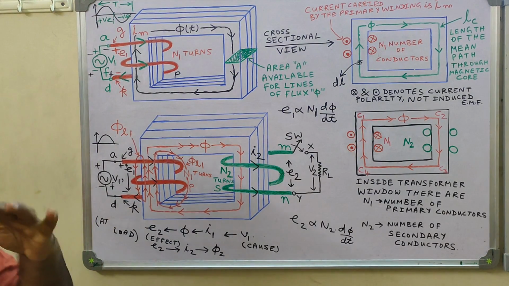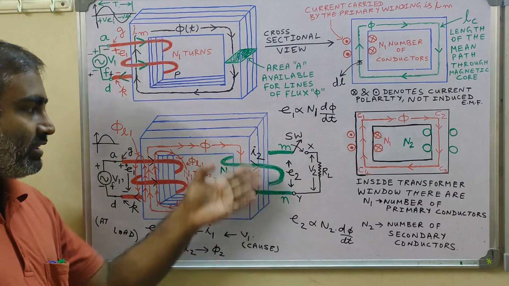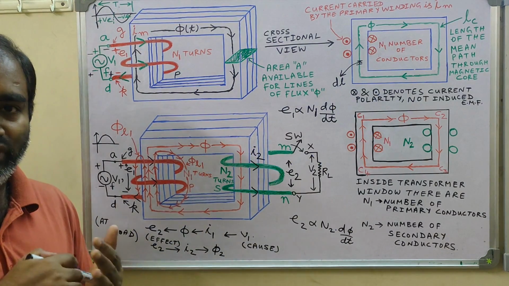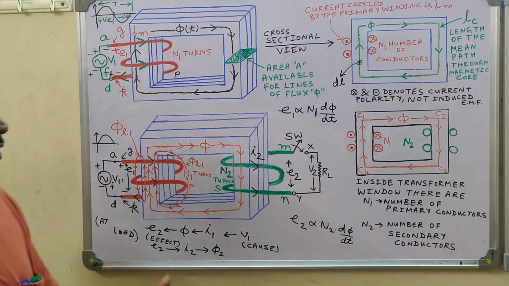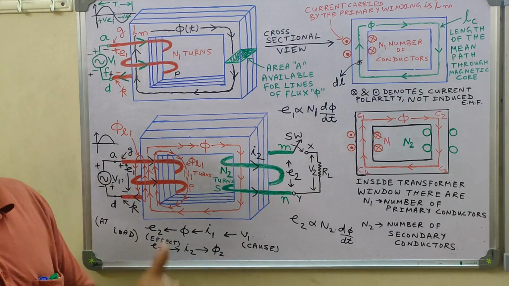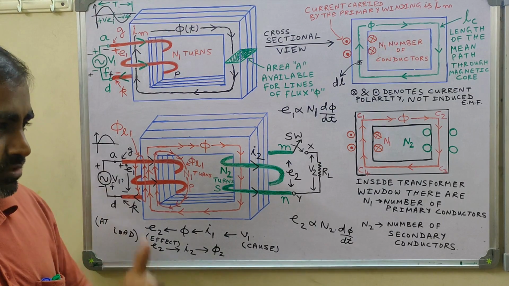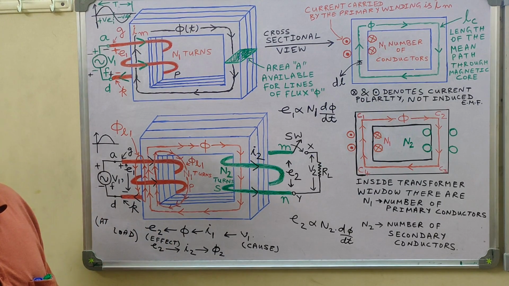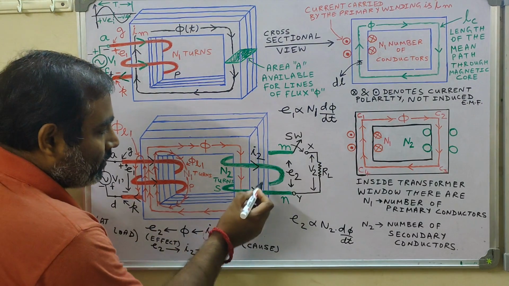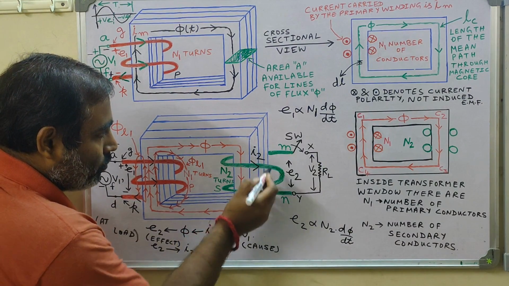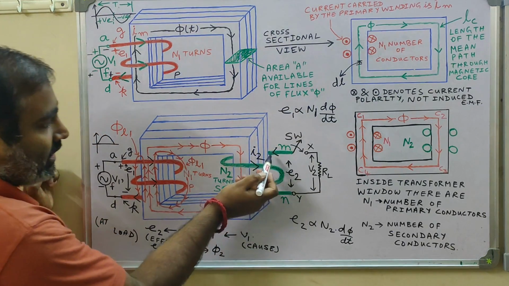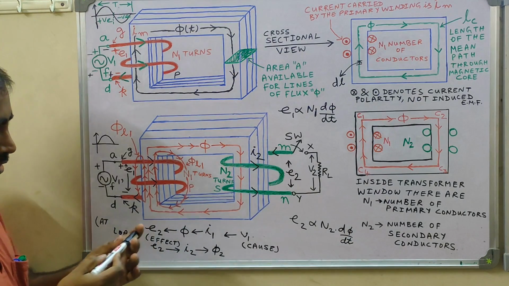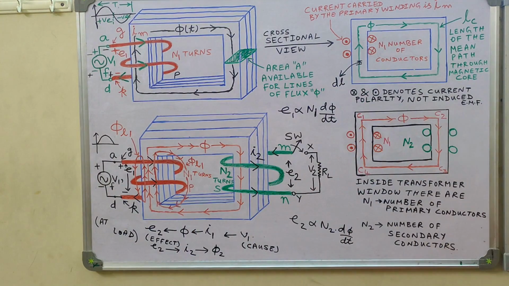That means you can view the secondary coil as a source of induced EMF. So inside the voltage source, the direction of current flow is always from negative to positive. So if this is the direction of the current flow, then obviously the current is in this direction, because you can easily find that.